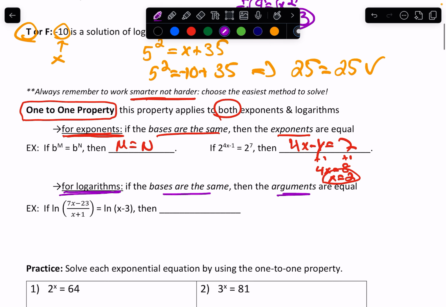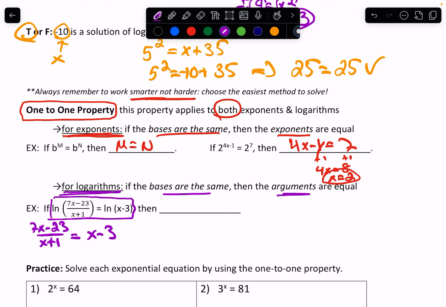Okay, so natural log of (7x minus 23 divided by x plus 1) equals natural log of x minus 3. Now, what we're going to do is set 7x minus 23 over x plus 1 equal to x minus 3. So we're dropping the natural logs. Again, this is a rational equation.